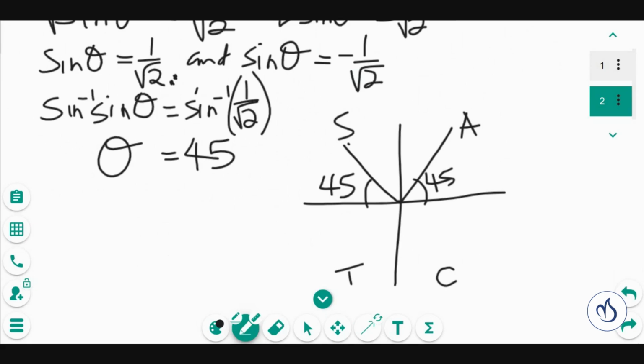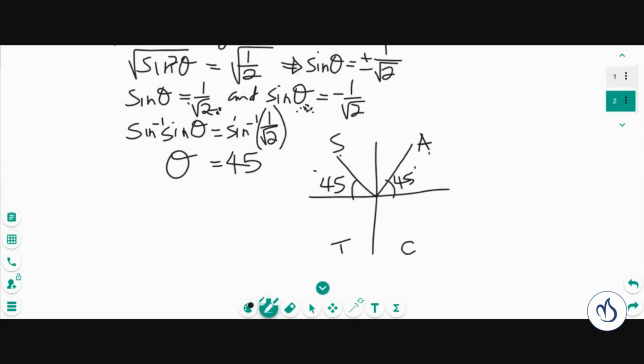Now, when I look at this other one, sine theta is negative 1 over root 2. It tells me that I should also represent the angles in the quadrants where sine is negative. These first two represent where sine is positive, that's our first one, sine theta is 1 over root 2. Now, I also have to represent where sine theta is negative 1 over root 2.